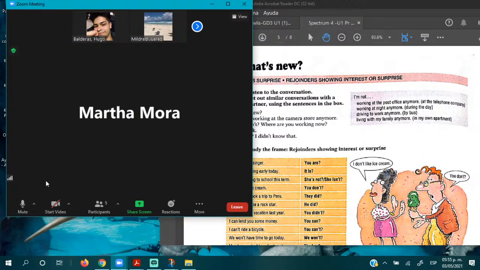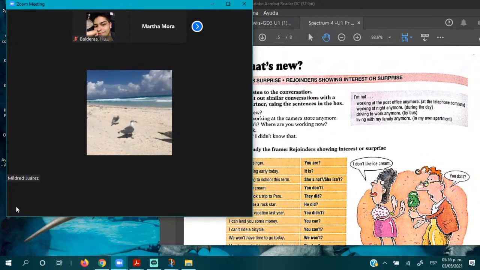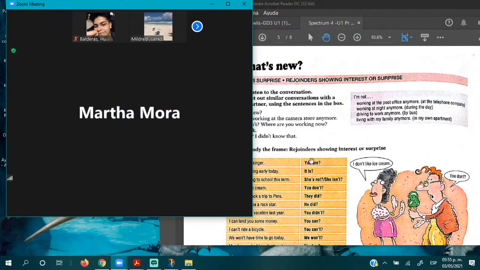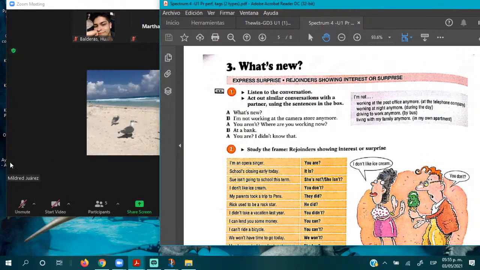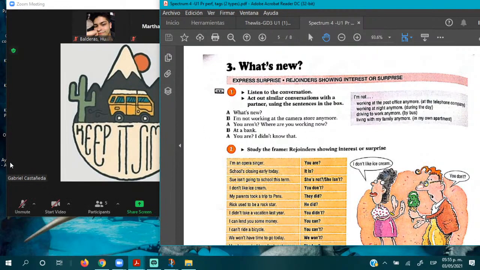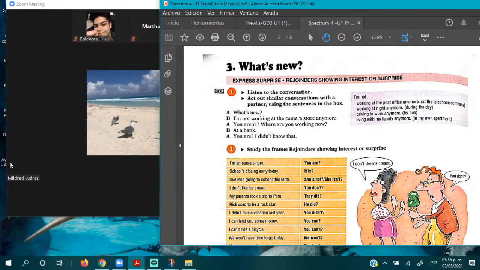You have to practice exercise 1. Not exercise 2. Oh, yes, I can see it. Go ahead. With the examples? No, the box that is called "I'm not working at the post office anymore." Okay.